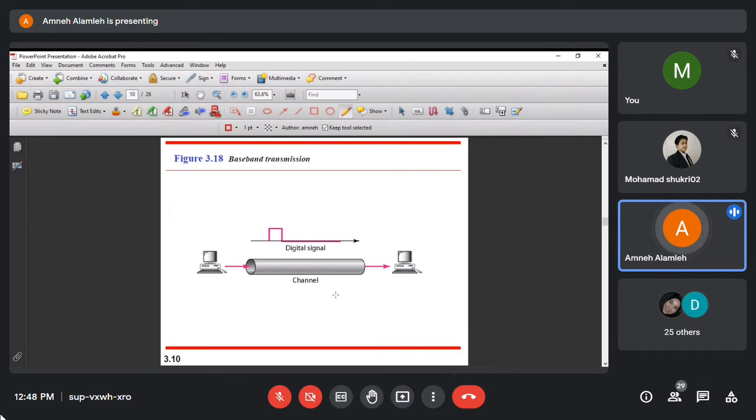It is transmitted as it is. So the first computer sends a digital signal and the receiver also receives a digital signal. The digital signal goes through the channel media as it is without any conversion.